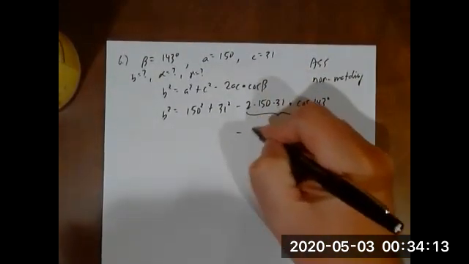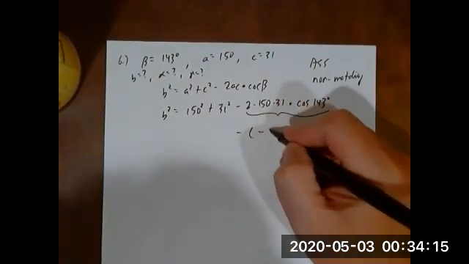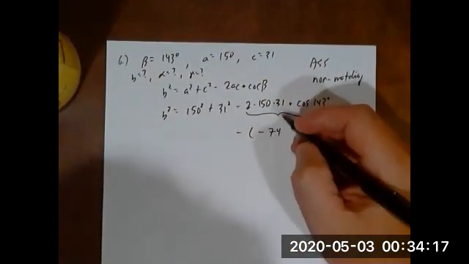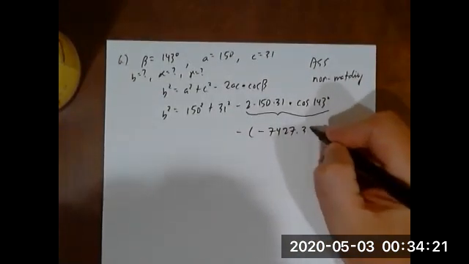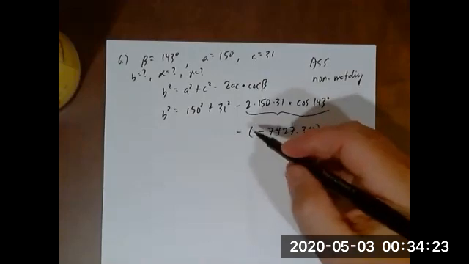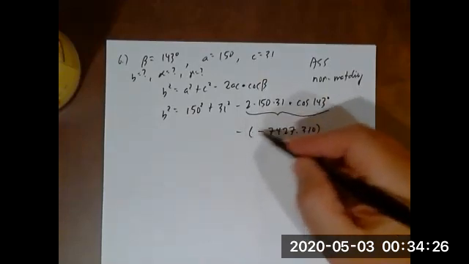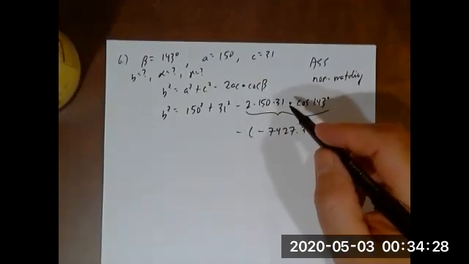Times 31 times 150 times 2, and that is minus 7427.310. So when you subtract the negative, it ends up being positive.